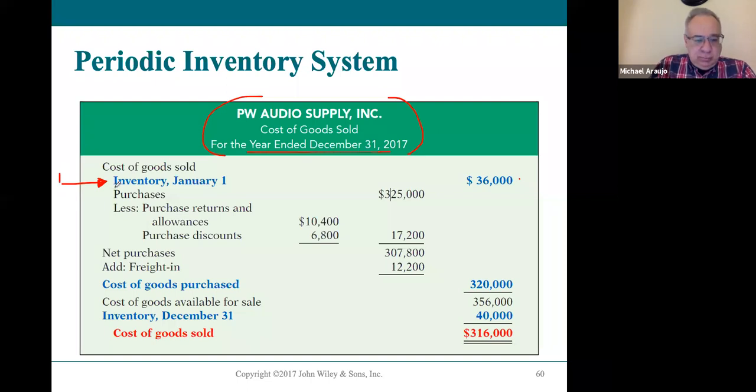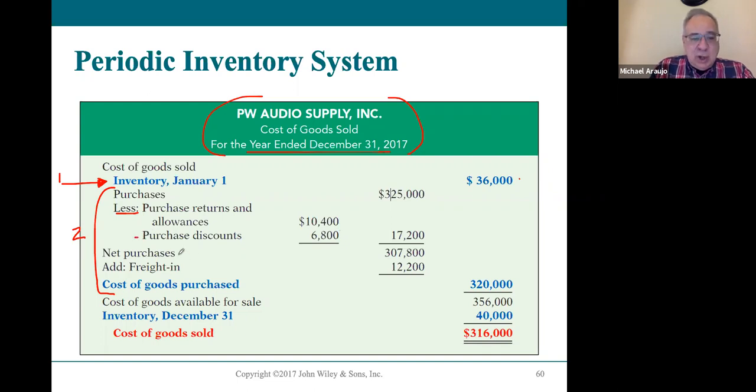Step two is long, as you see. This is the amount of purchases they made throughout the year. They bought $325,000 worth of inventory. However, they returned some things, plus they took a discount on some of those things.